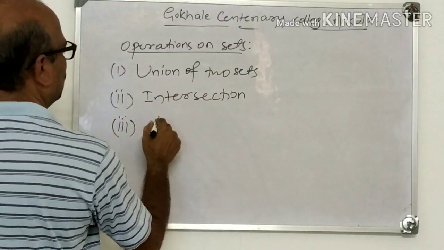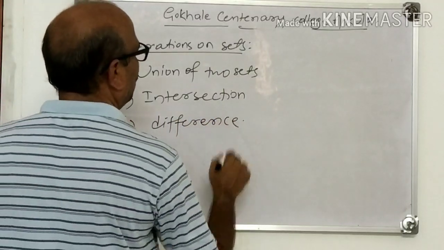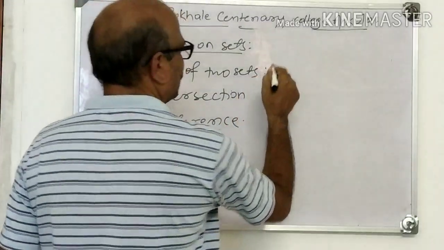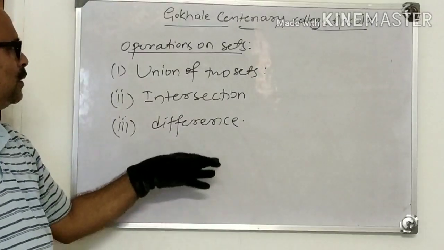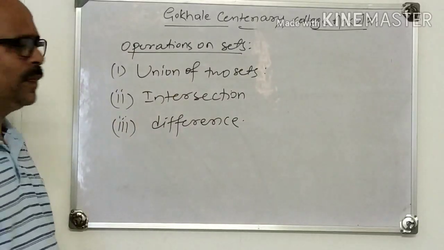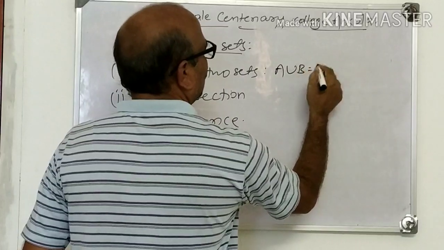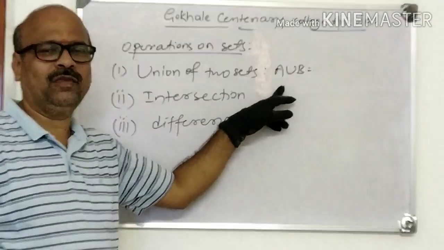Third one is difference. Union, see, I define like this. All of you have studied this one, but set theory starts from this. Operations on sets. Union, see the notation I define in terms of this mathematical notation. Mathematics has its own language.